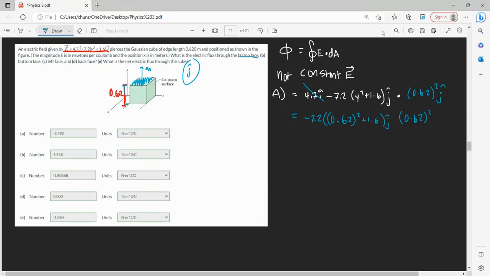And that will give us our flux at the top face equal to negative 5.492, and our units are newton meters squared per coulomb.